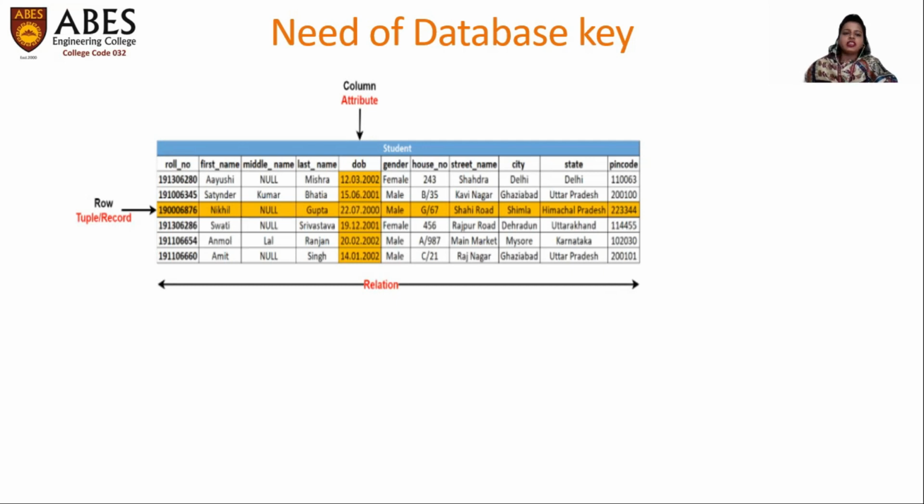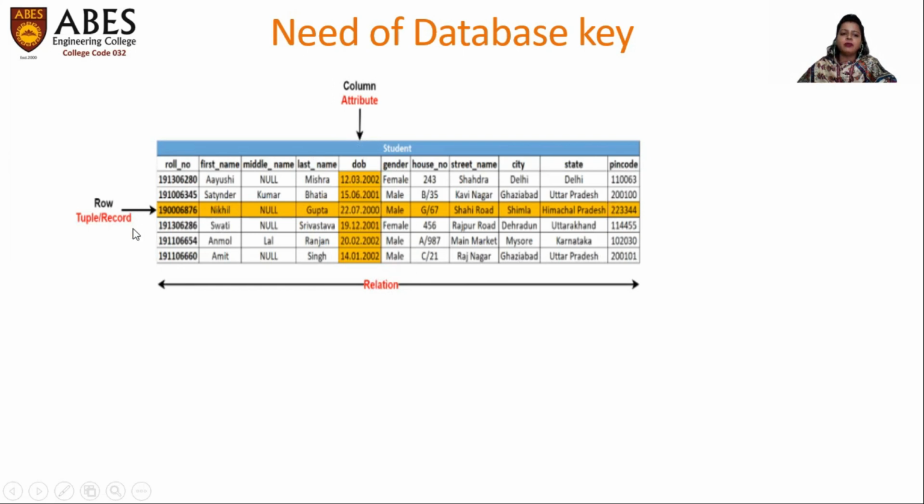Here we can see one example where we have a table with the columns roll number, first name, middle name, last name, date of birth, gender, house number, street name, city, state, and pin code. So this is the given table. And remember what we said, a table here will be called a relation.